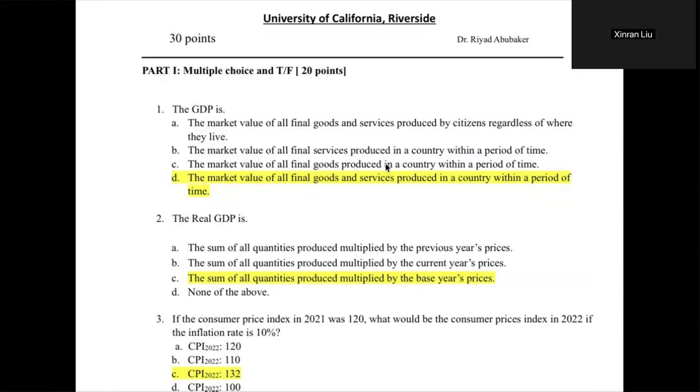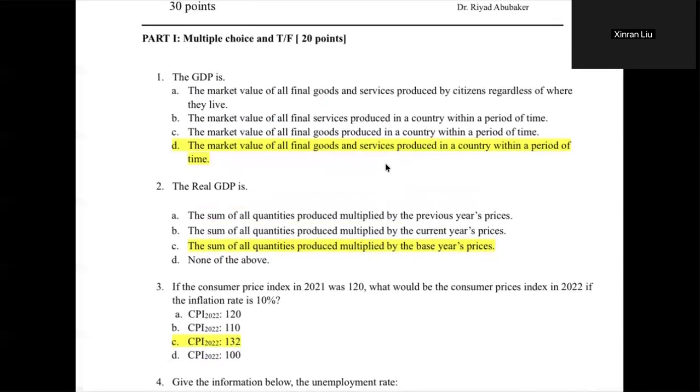And the real GDP is the sum of all quantities produced multiplied by the base year's prices. Okay, so this is the difference: one is the market value, and the other one is the quantity times base year's prices.